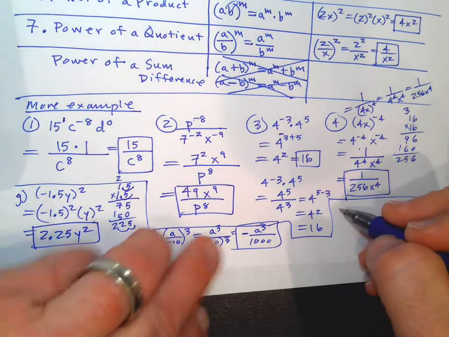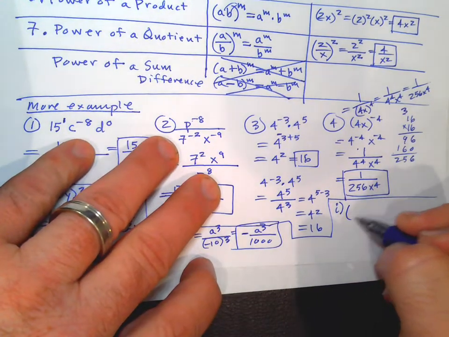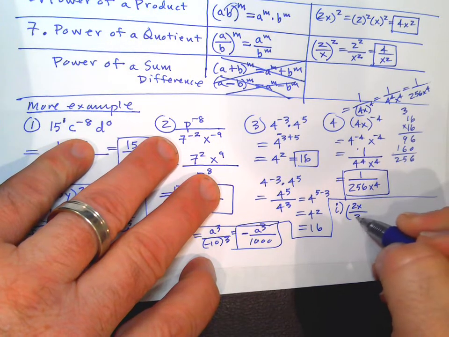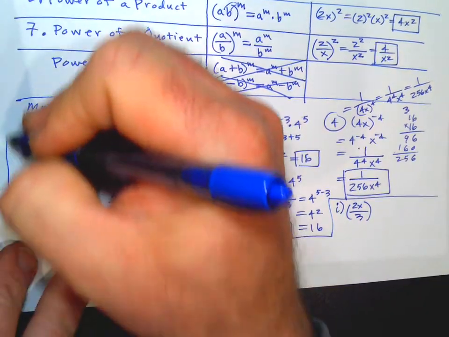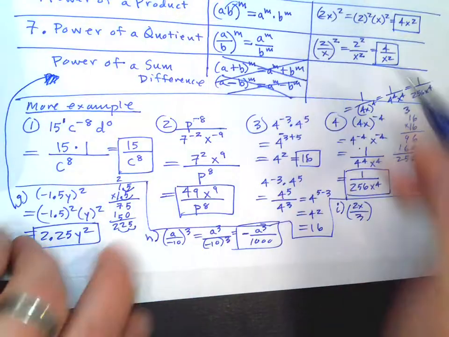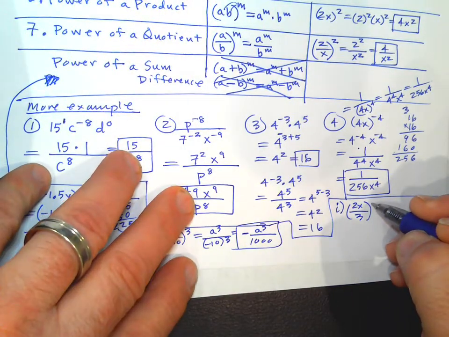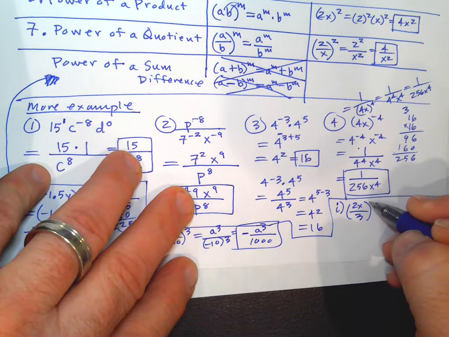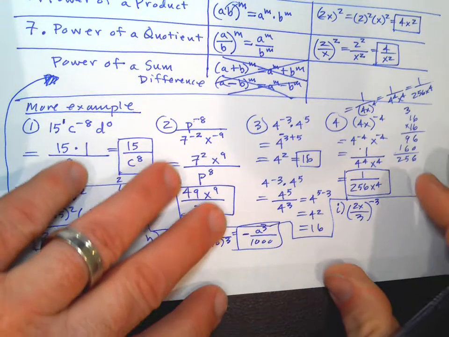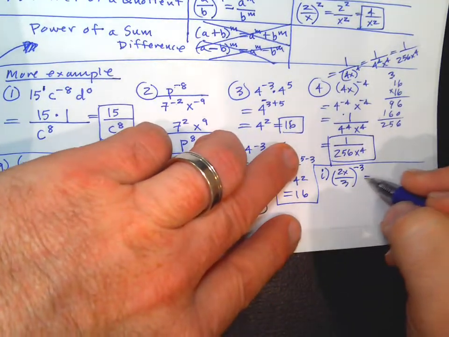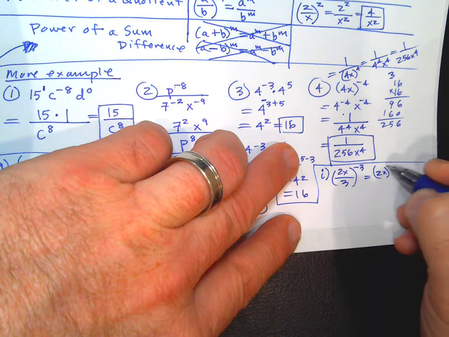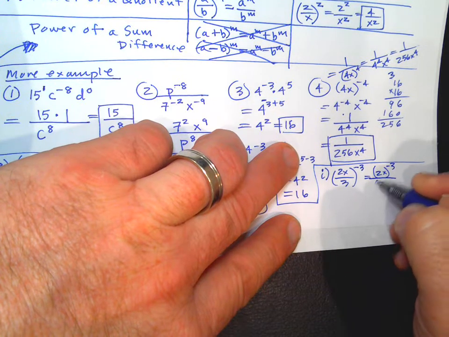One last one. 2x over 3. So I did mean to do these right here. Let's try this last one. So there's a couple ways to do this. We could say, okay, well, we're going to give the top it, and we're going to give the bottom.